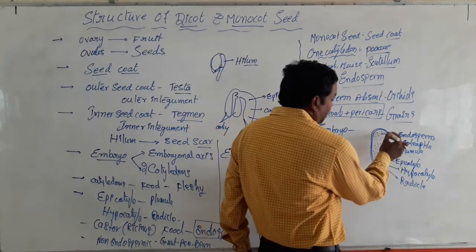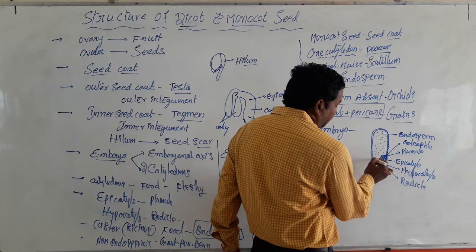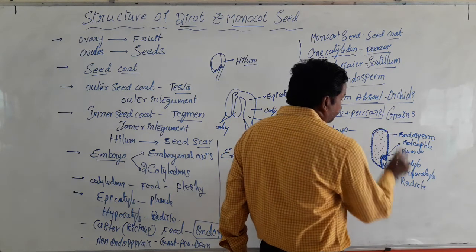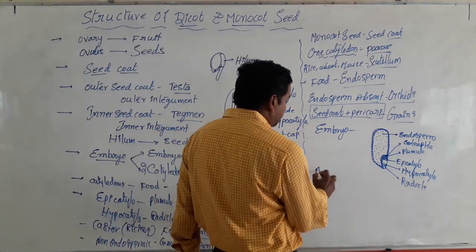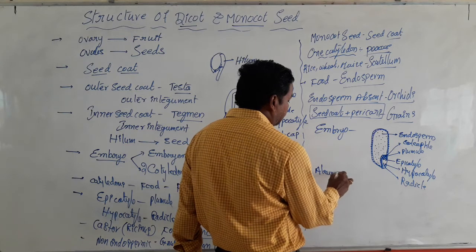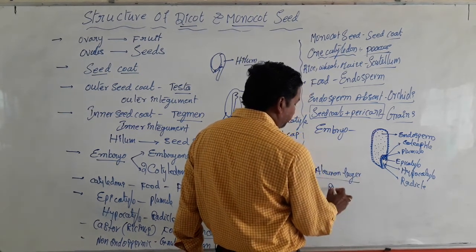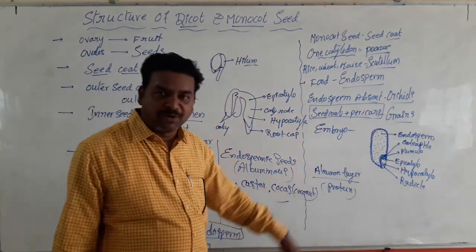It is a thin proteinaceous layer, the outer membrane of the endosperm. The outer layer of endosperm that separates the endosperm from the embryo is considered as the aleurone layer. It is chemically made up of protein.